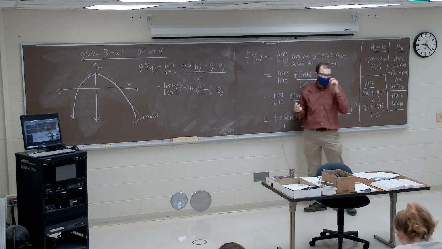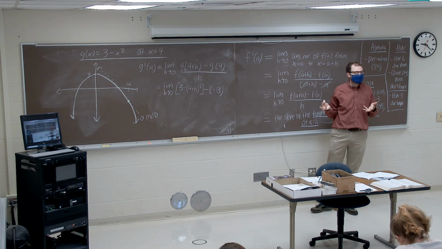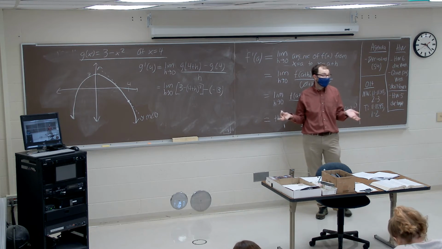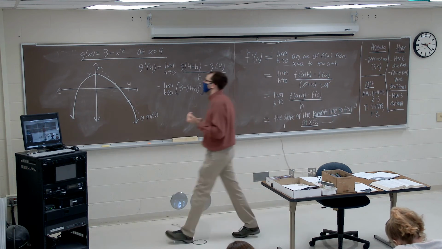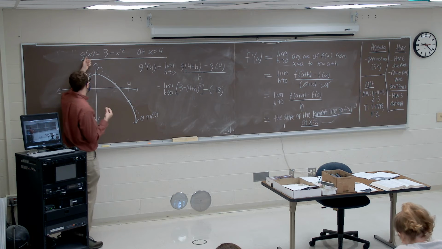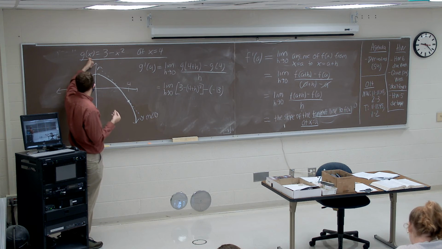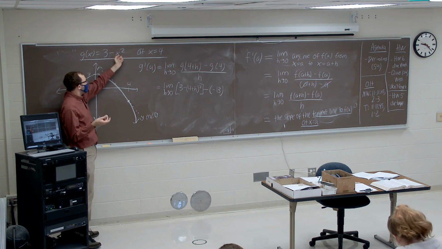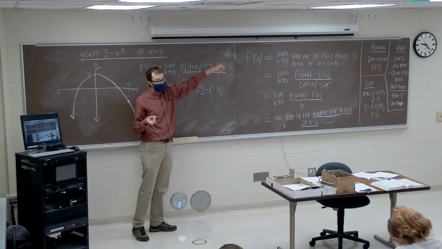So when we take g of something like 4 plus h, it may seem daunting to try and say, what does that mean? Like, how do we write that out? But the general idea is always, you go back to your original formula for g of x. And what you do is anywhere that you see an x, you replace it with whatever you're plugging into the function g.